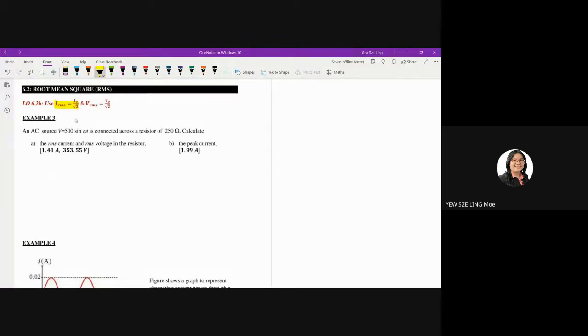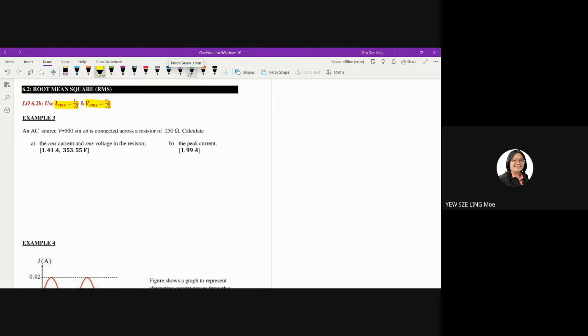VRMS equals V naught over square root 2, and this is also the effective value. By default, if the question doesn't mention whether the value given is the instantaneous value, peak value, or root mean square value, then we assume they are all root mean square values, because that is the effective value.